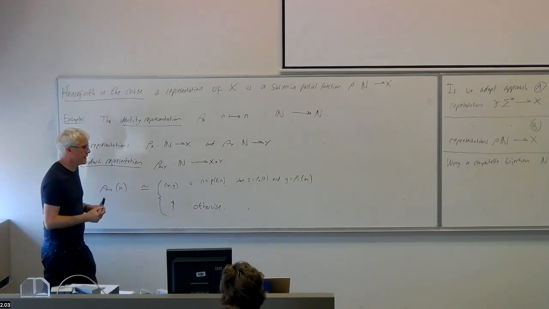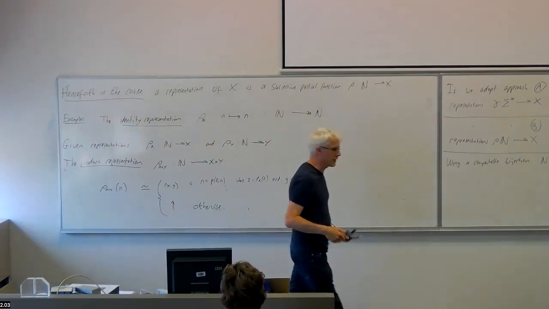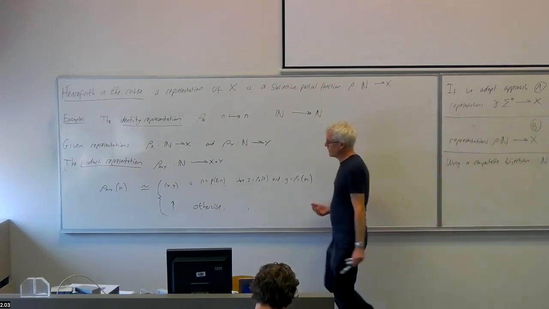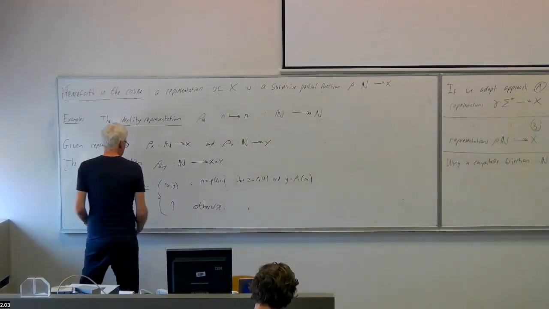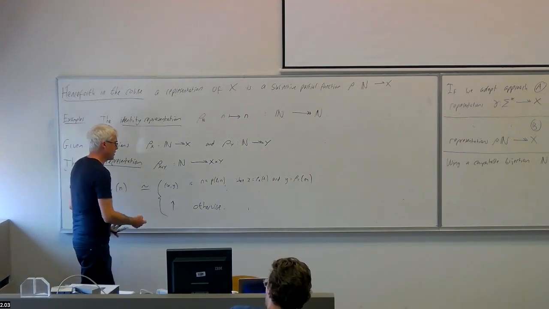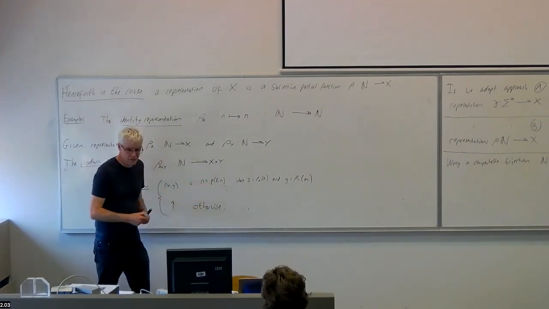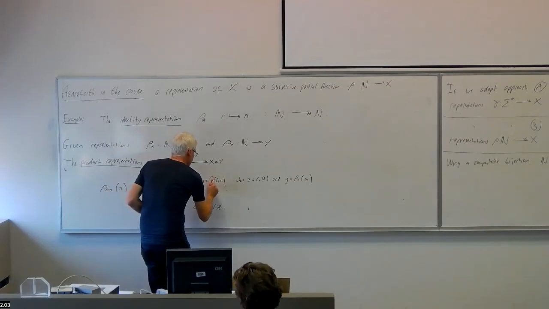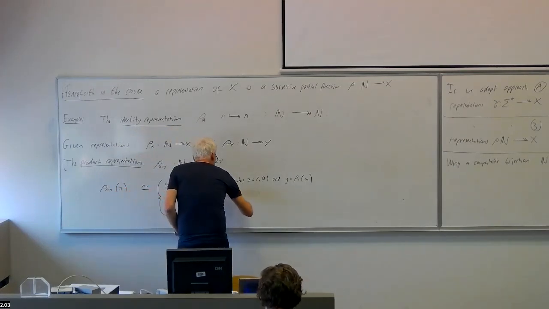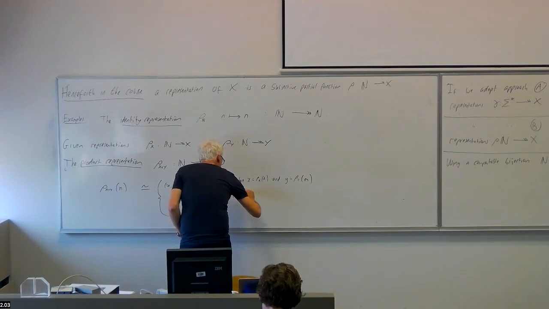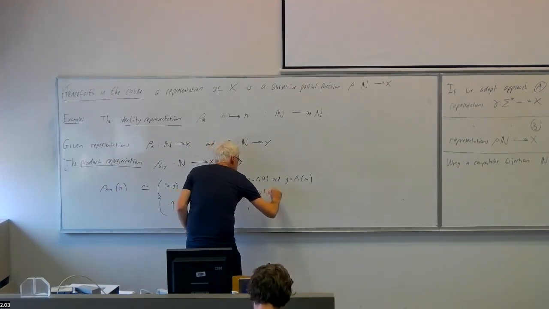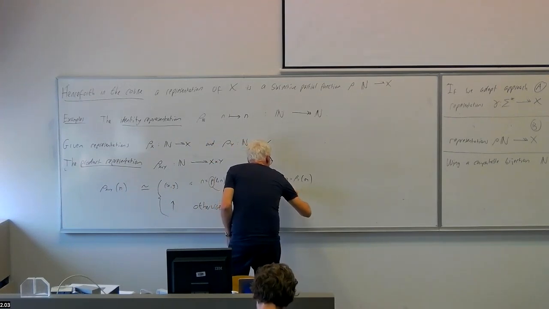So maybe not as natural as separating things by commas, not as readable, but still, since we have a simple bijection, the P function, the pairing function from last week, that's easily done.